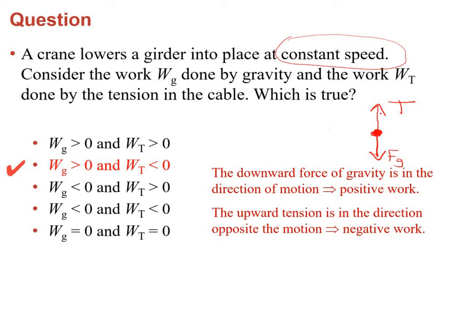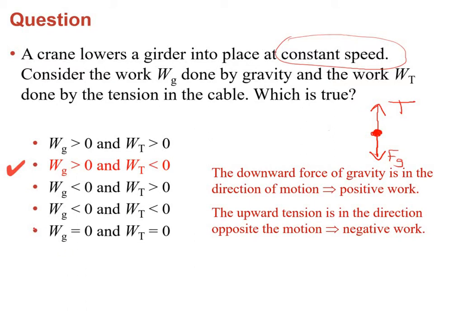That's true, the total work done is going to be 0 in this case, but the work done by individual forces can be non-zero even though the total work is 0.